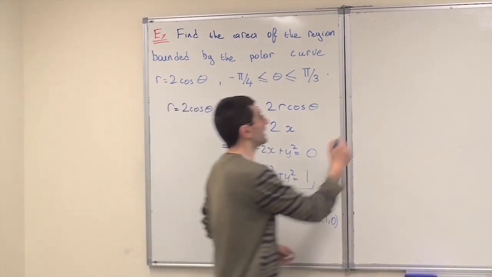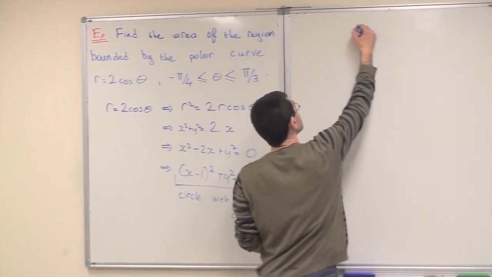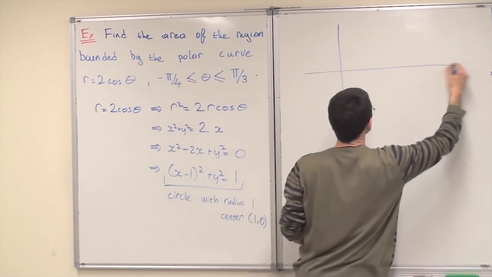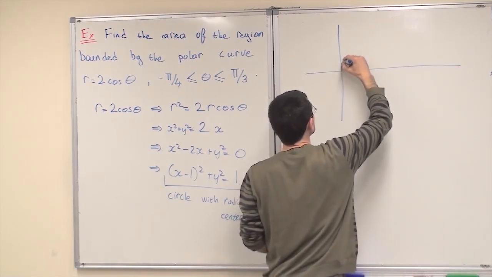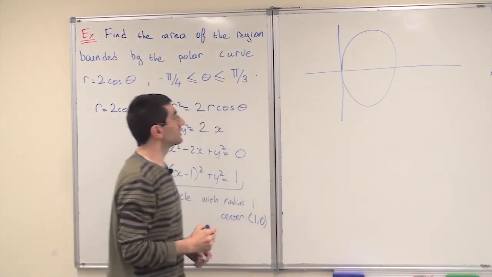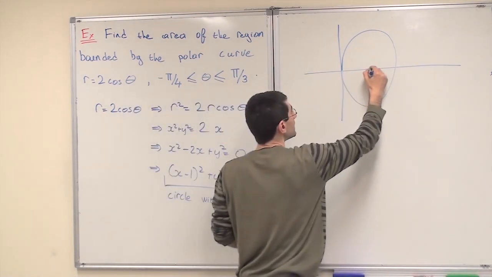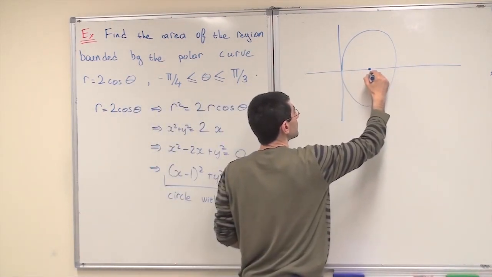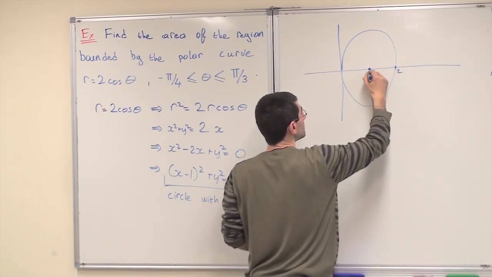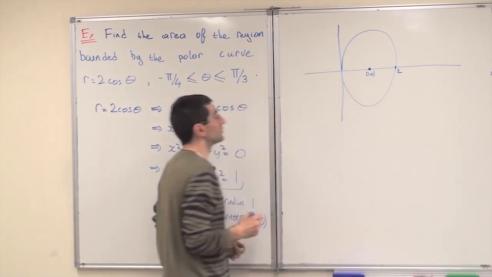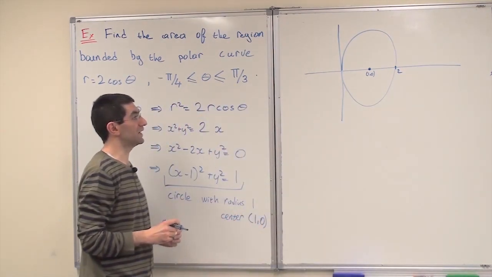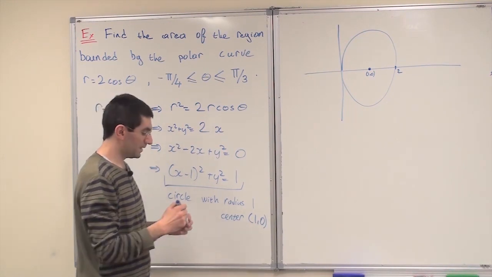Now we can sketch this polar curve. It's a circle with center (1, 0) and radius 1. So it's a circle whose center is shifted along the positive side of the x-axis by 1 unit.